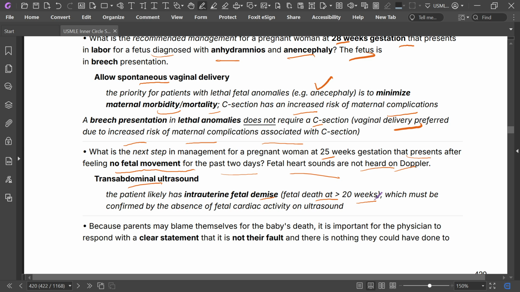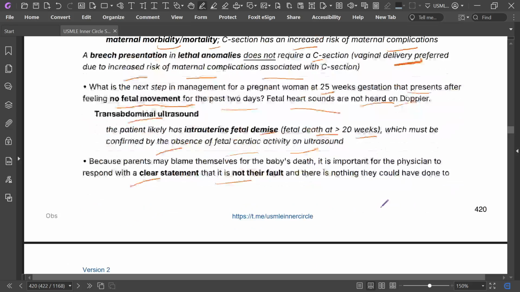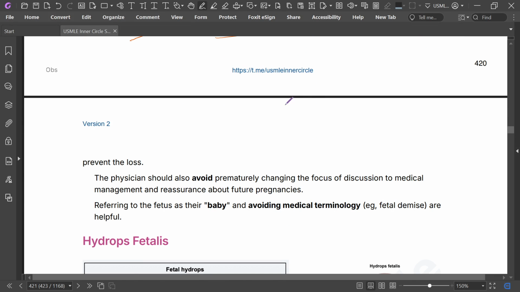If fetal death is more than 20 weeks, it is called intrauterine fetal demise, which must be confirmed by the absence of fetal cardiac activity on ultrasound. Because parents may blame themselves for the baby's death, it is important for the physician to respond with a clear statement that it is not their fault and there is nothing they could have done to prevent the loss.